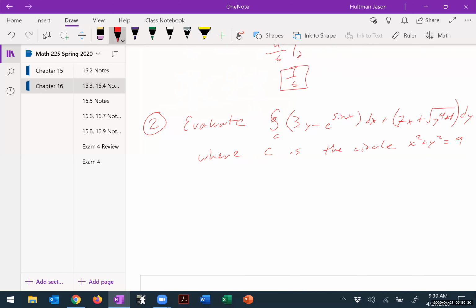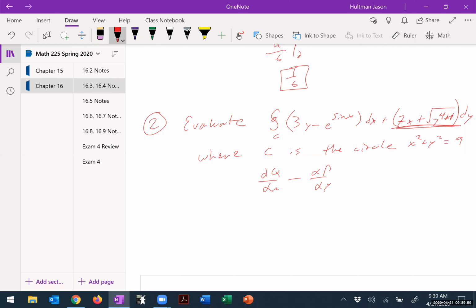So let's see what we got here. We want to turn this into a double integral using Green's theorem. Well, again, what is Green's theorem? It's dQ/dx minus dP/dy. So what's dQ/dx here?